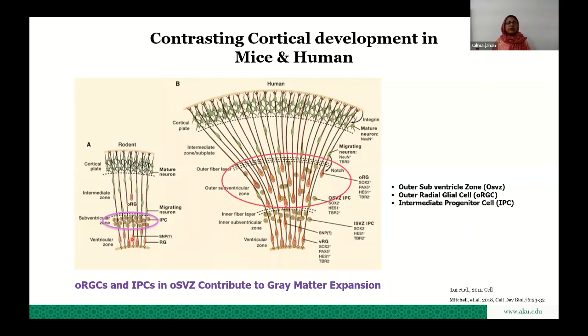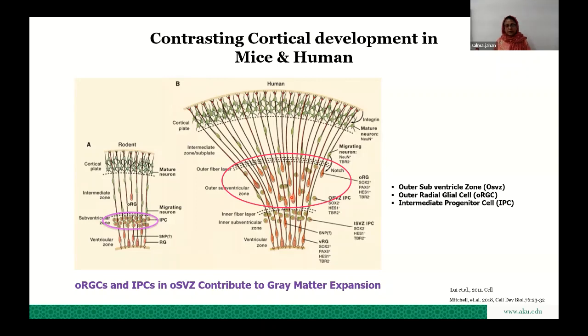The difference in the human brain comes from 2 different regions: the subventricular zone, which is divided into the inner subventricular zone and outer subventricular zone, where most of the intermediate progenitor cells reside after they come out from the ventricular region, before they migrate and differentiate into multiple cell types, such as intermediate neurons or mature neurons, astrocytes or oligodendrocytes. So this is a huge difference between these 2 species.